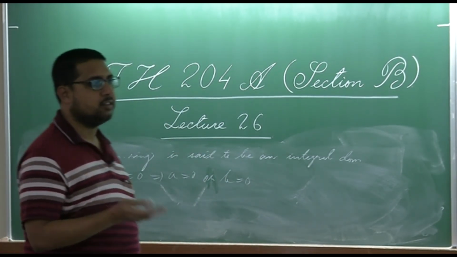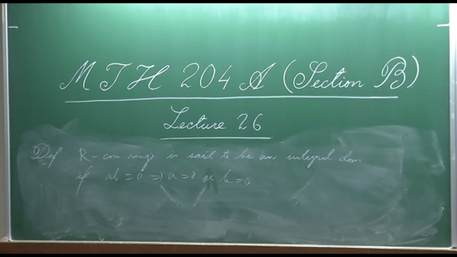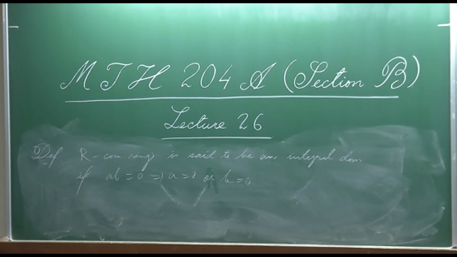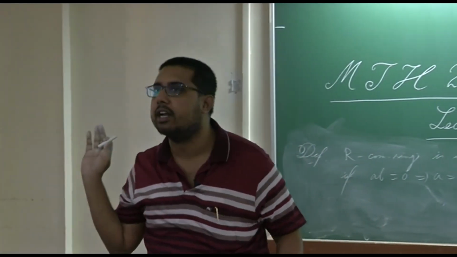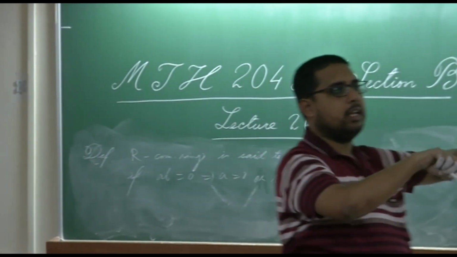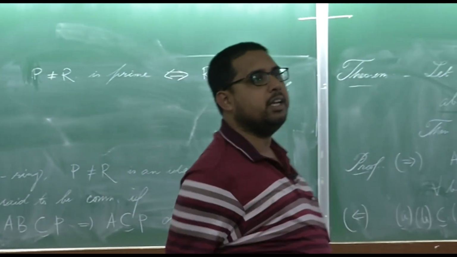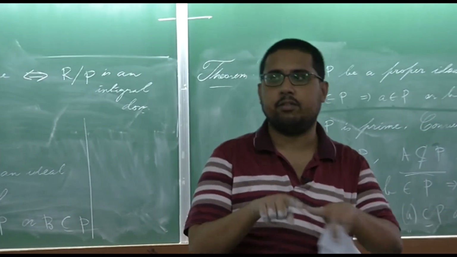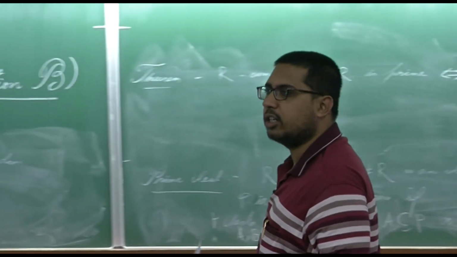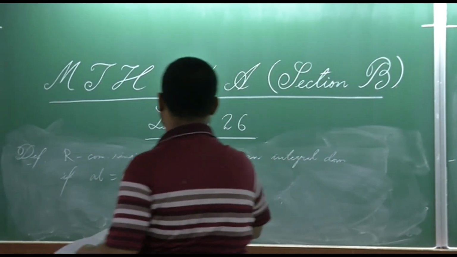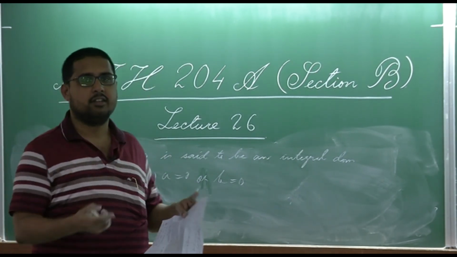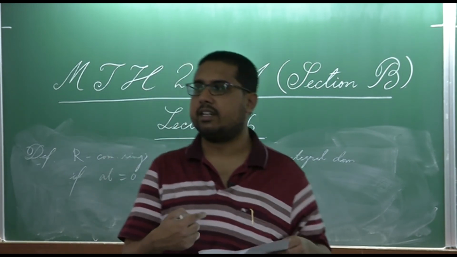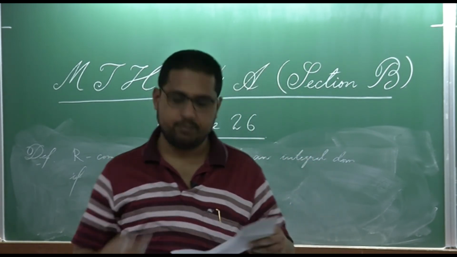So, what are the examples? Z, Q, R, C. Any subring of C is an integral domain, then Z[x], Q[x], R[x], all polynomial rings. In fact, if R is an integral domain, then any polynomial ring over it is also going to be an integral domain. Clear? Because when you take the product of two polynomials, the coefficient of the top degree term is the product of the corresponding coefficients. From that it is clear that the degree of the product of two polynomials is the sum of their respective degrees.